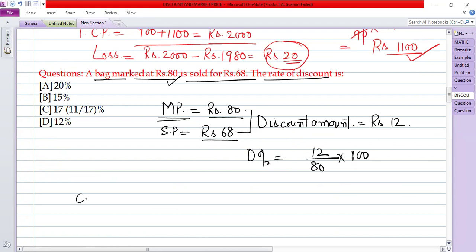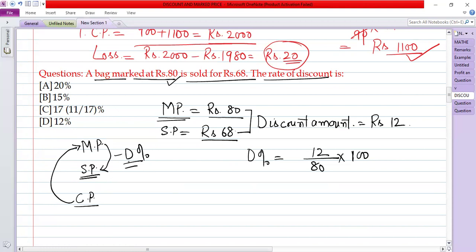So here once again, we have cost price, then we have selling price, and here we have marked price. From cost price, we go up to marked price, and from marked price, after giving the discount, we come to selling price.